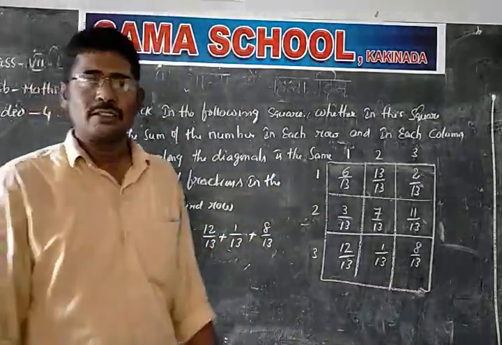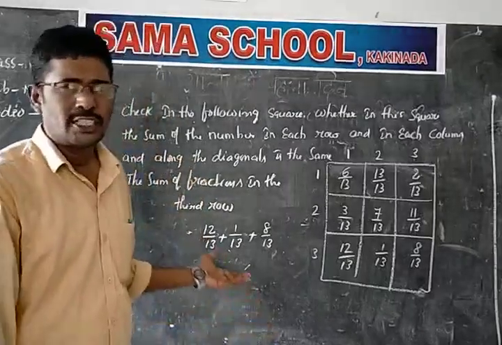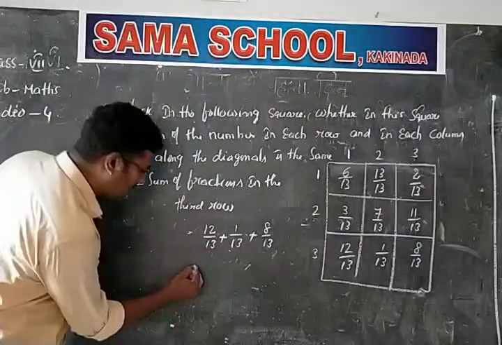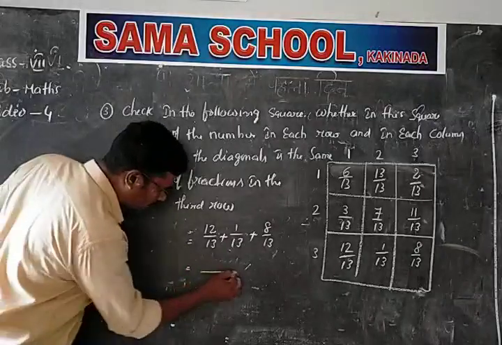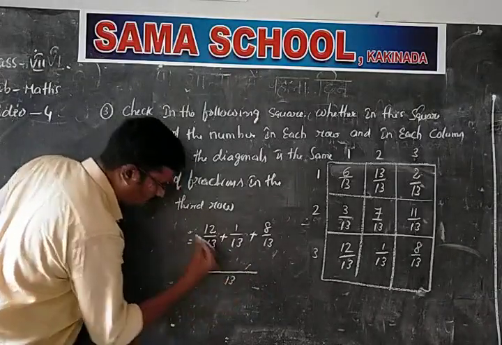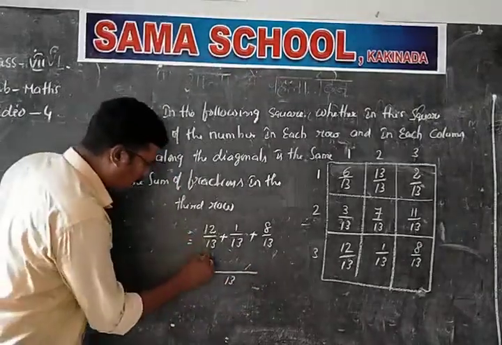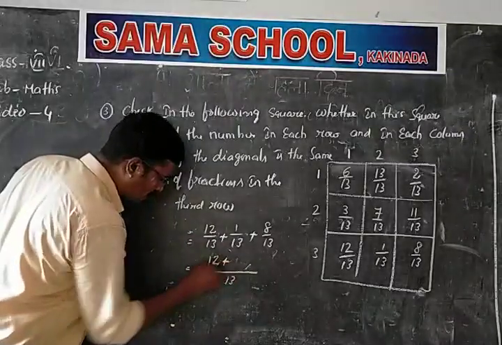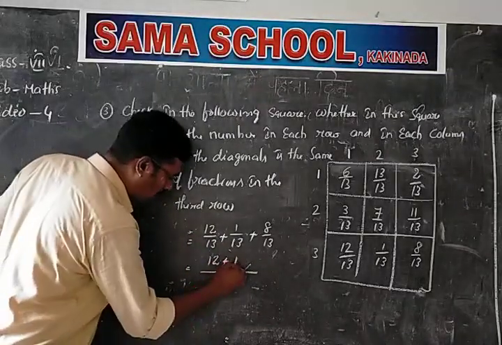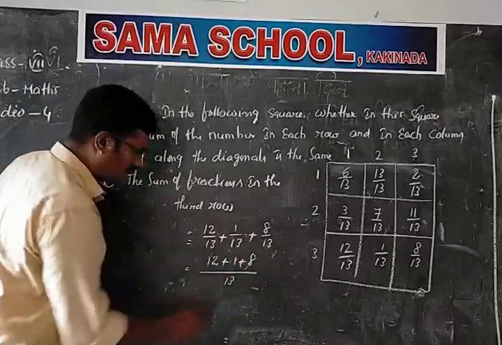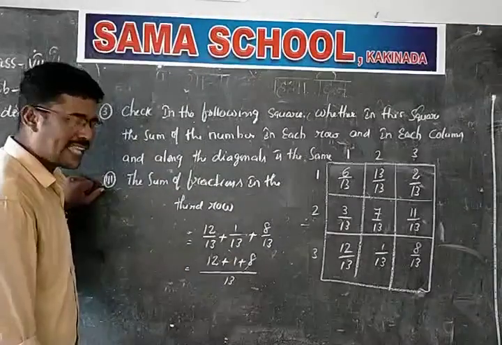These are like fractions because the denominator is the same number. Find the LCM. What is the LCM? The repeated number, 13. We get 13. Add the remaining numbers: 12 plus 1 is 13, 13 plus 8 is 21.